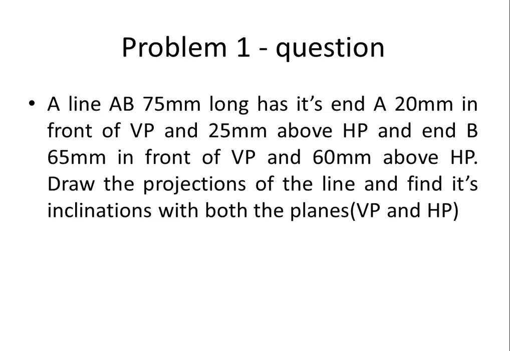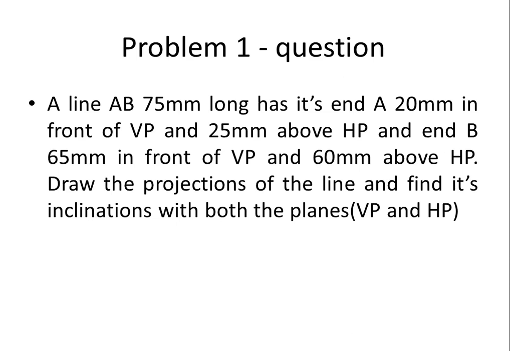One thing we could think at this stage is where exactly the line is lying with respect to the 4 quadrants. Since both the ends are above HP and in front of VP, it should naturally be in the first quadrant. And the question is, you need to find the inclinations and draw the projections. So let's start.